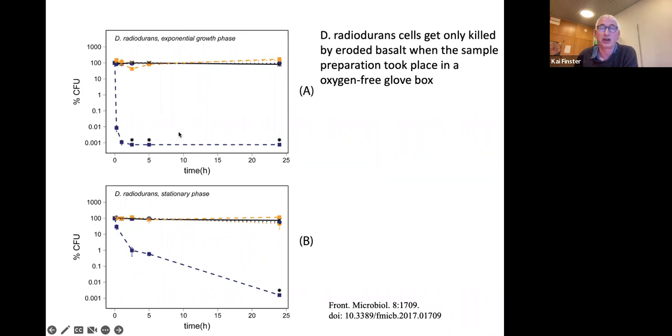For those of you who are not biologists, if you follow the growth of a bacterium, you can see that they have a phase where they multiply very fast, exponential doubling. And in the stationary phase, you still have living cells and also growing cells, but you don't see a change in cell number anymore.